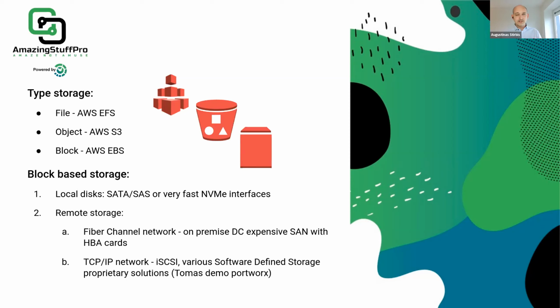But the biggest cloud providers, I would say, are using software-defined storage proprietary solutions. There are quite a few of those. And Thomas, after my demo, will actually demonstrate one software-defined solution, Portworx, and what it brings to the mix. Right, so that was a basic refresher on storage.